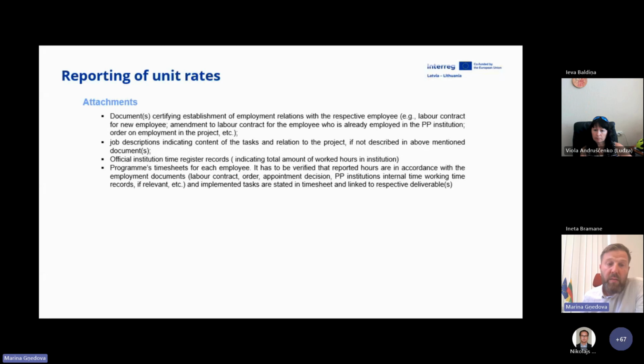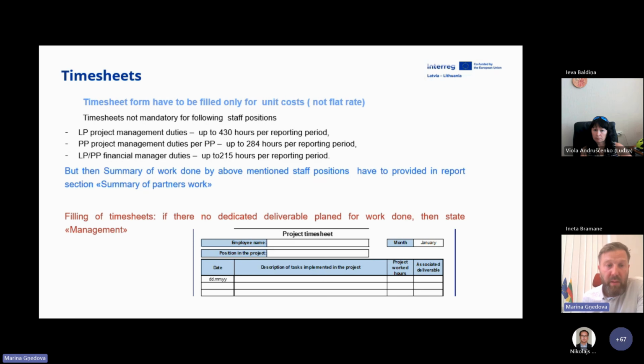There should also be a description of job duties, which is in line with job duties stated in application form in budget comments of this stated position. Then there's official institution timesheet registered, which registers whatever hours were worked in institution and program-specific timesheet for each employee. So there are some cases when these timesheets are not needed, as I said.